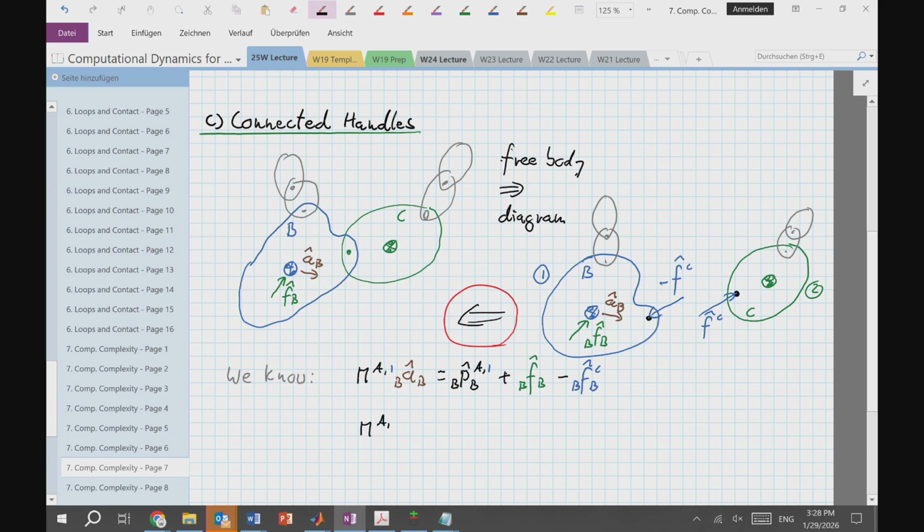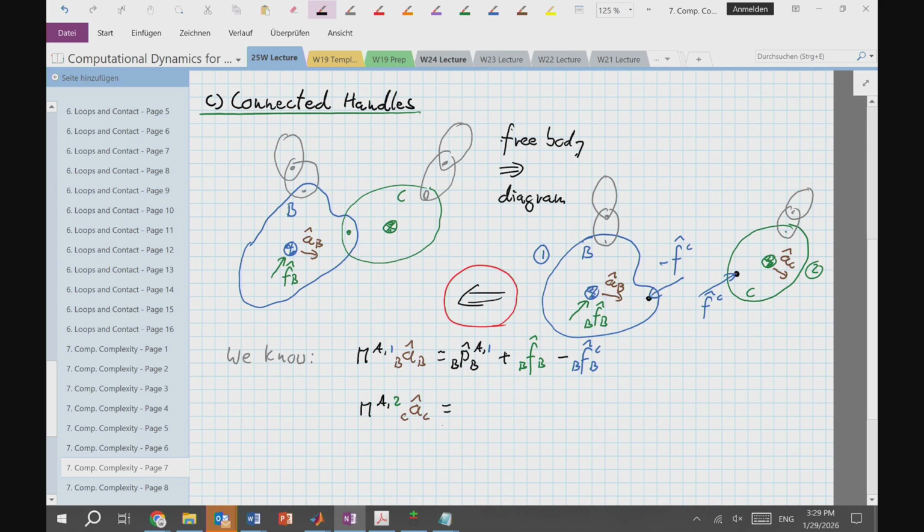Similarly, we know something about body C, or the articulated body 2 with the handle C. This guy has some acceleration that is going to be called AC, acceleration of this body C, expressed in C coordinates, and that times the articulated inertia of this articulated body is going to be some bias force for body 2, plus the force acting on the handle, but the only force acting on the handle is the blue constraint force, right?